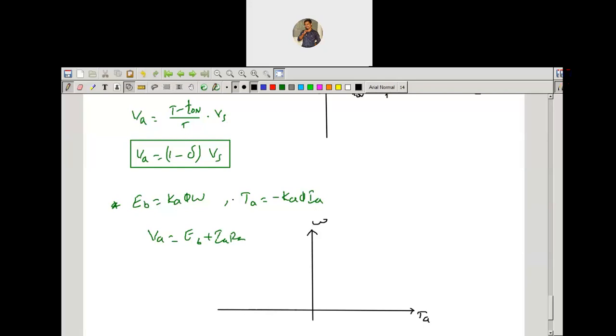Substitute the Eb value as well as the Va value and Ia values. Then I'm drawing directly here without doing everything.